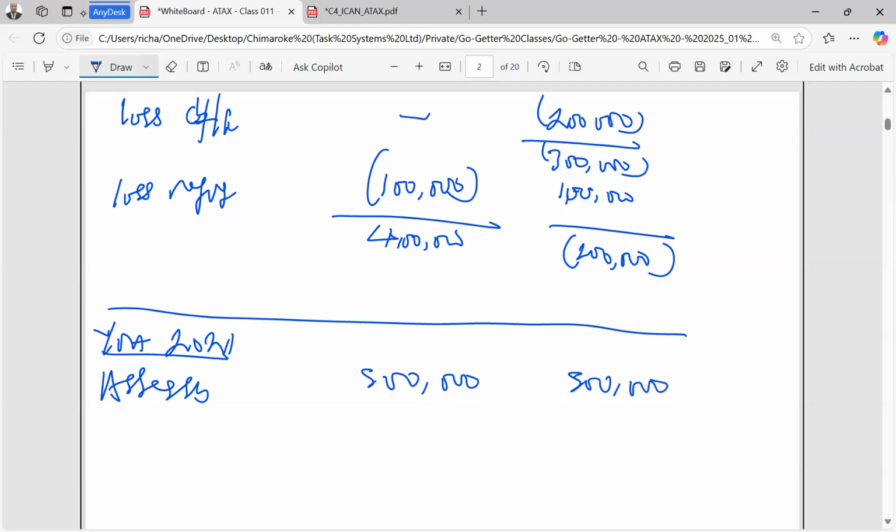Then you are having loss. You cannot be having profit and be having loss at the same time. So loss brought forward will just be 200.